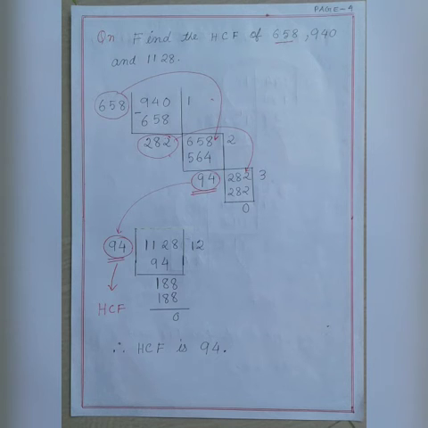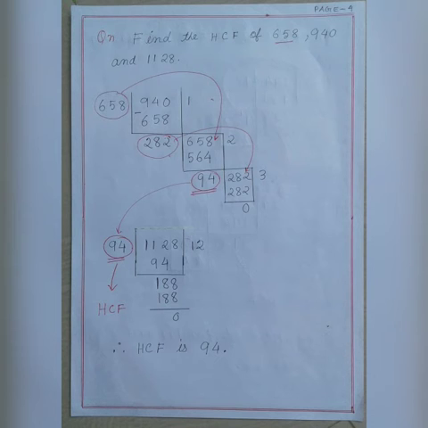I shall divide the highest number, the largest number, 1128 by the HCF 94. If I divide 1128 by 94, I get 12 and remainder 0. Therefore, 94 is the HCF of all 3 numbers.